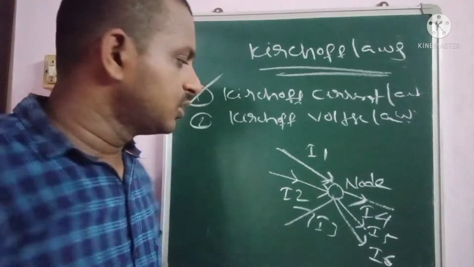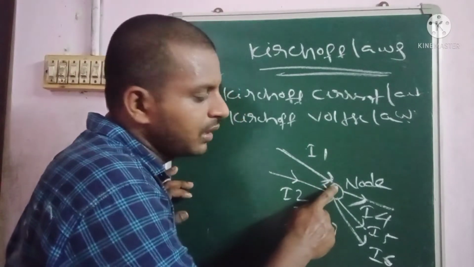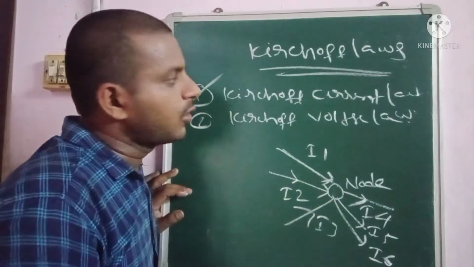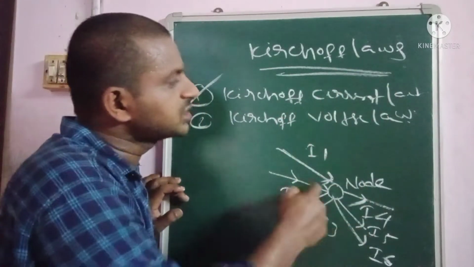I think maybe you understood. The sum of entering current to the junction as well as the sum of outgoing current from the junction is called Kirchhoff current law. This is the notation of the Kirchhoff current law.